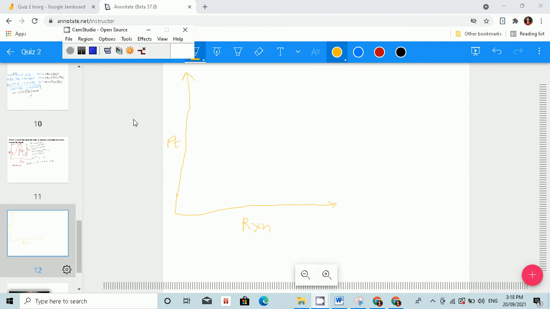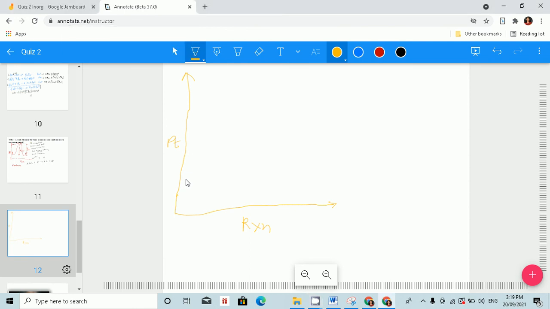So we have our starting material, the reactant. Then it proceeds and achieves the highest potential energy, and then it goes down, down, down, and then it hops again.